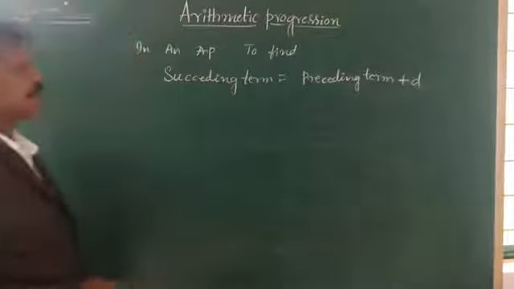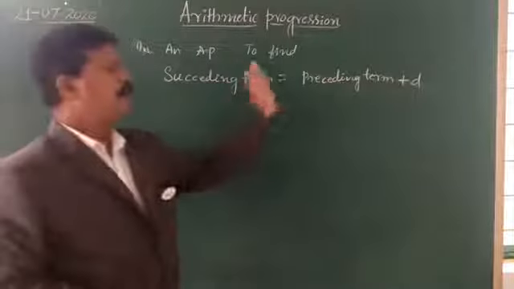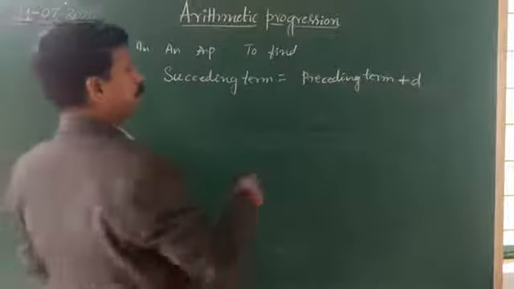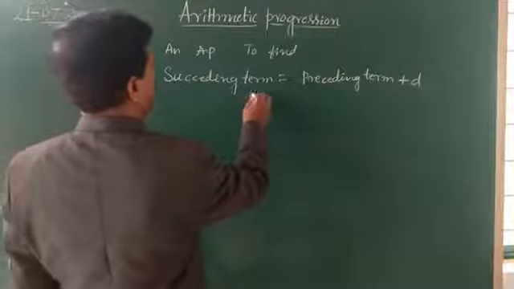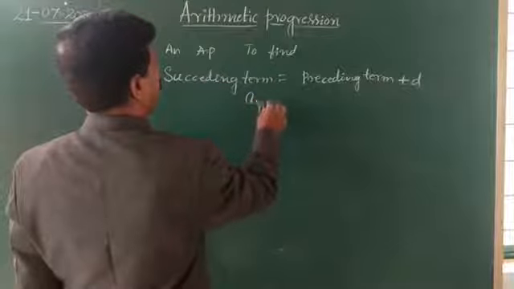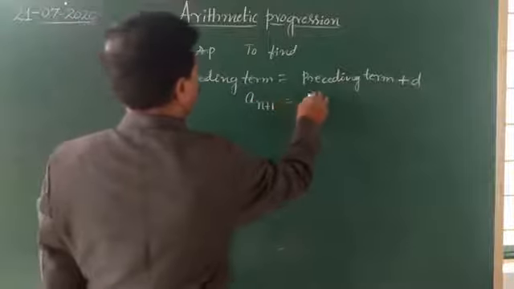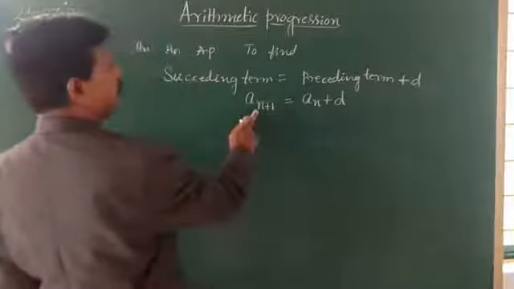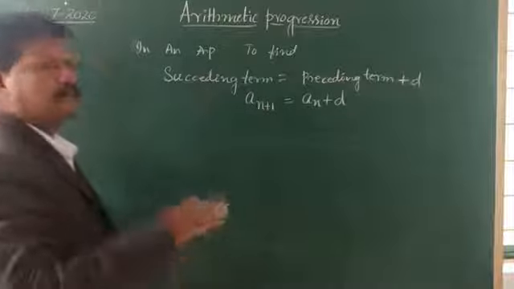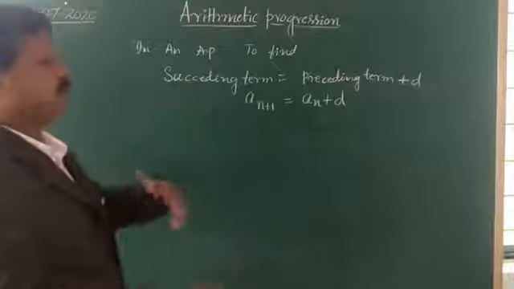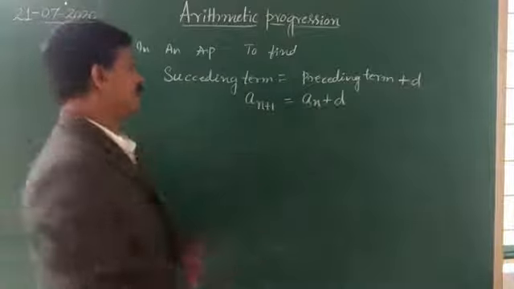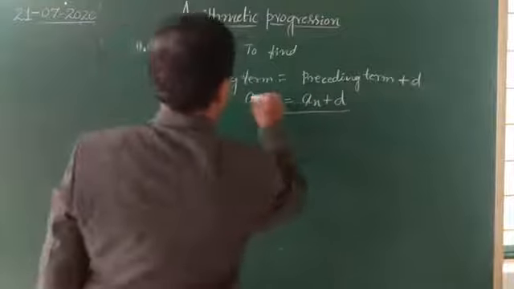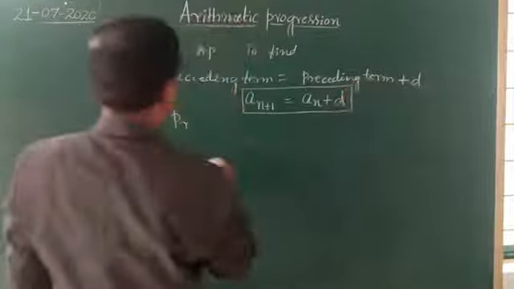To find the succeeding term of any term, we should add common difference to the previous one. So it is denoted by, say like this, a n plus 1 is equal to a n plus d. So a n plus 1, that means a n is a term, its succeeding one next to that is a n plus d. Similarly, to find the preceding, see these are very, very important formulas. So you may expect them in multiple choice.